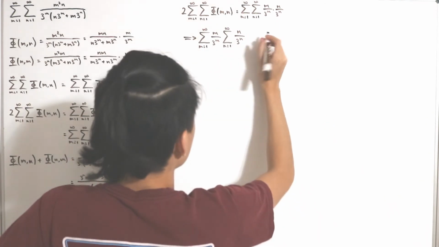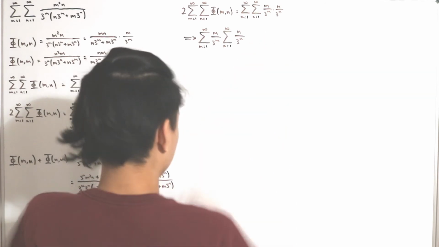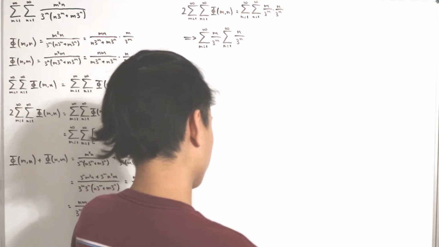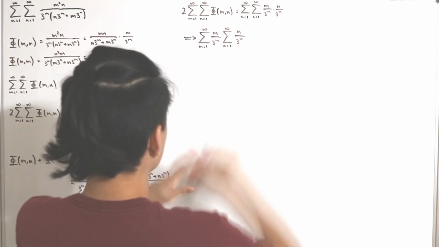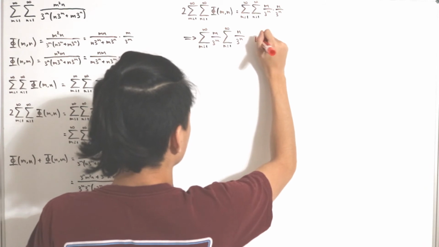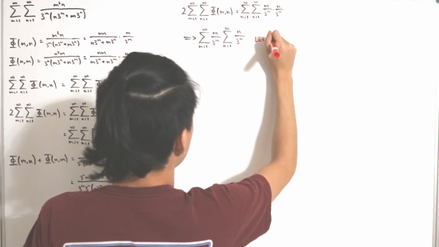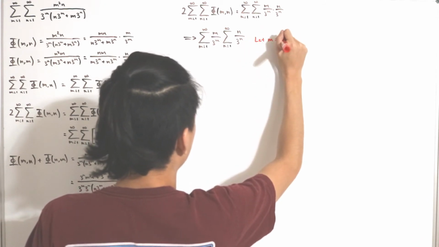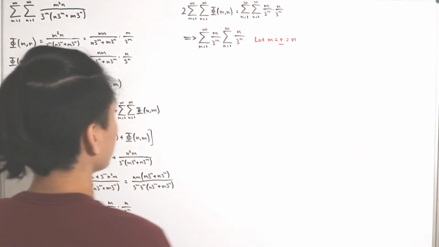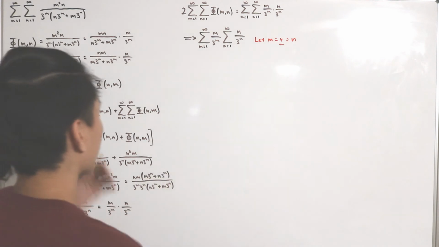So let me write this in red actually. So how about we let, yeah, right here's good. Let m equal r, which is equal to n. Underline that. So we'll define r.